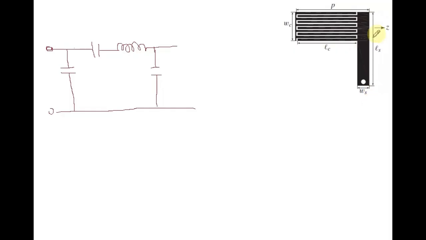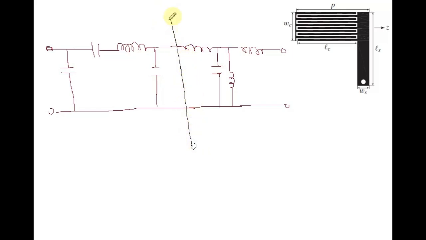This can be represented by a T network. So here we have an inductor, and again one inductor, and there is some gap in between these lines, so we can connect a parallel capacitor at this point. This represents one section.